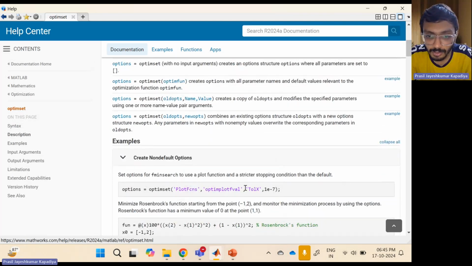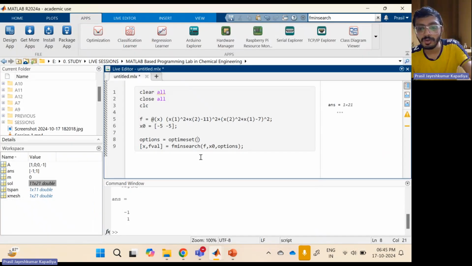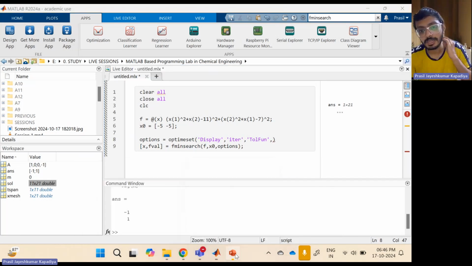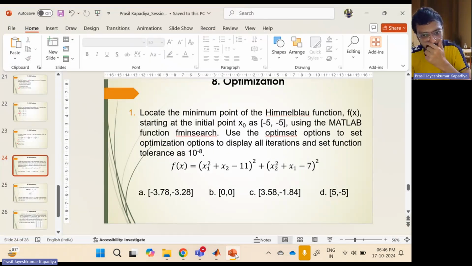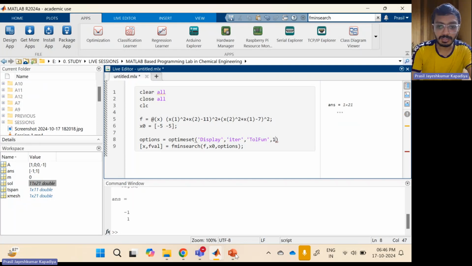And this tolerance part is only important. And we also need to show the iterations. So first we'll write display. What do we want to display? We want to display iterations, so that is 'iter'. Then we are defining the function tolerance. And what is the value that we are told in the problem statement? We are told 10 to the power minus 8. So that is 1e minus 8.